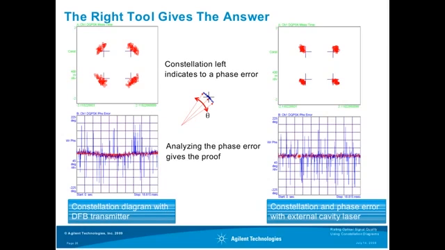In contrast, you see here the phase error of this signal, which is close to 0, just with some noisy deviations. And this is the same transmitter, just using an external cavity laser with a line width of, for example, 100 kilohertz. So you can see the transmitting laser has a significant influence on the performance of your transmitted signal.